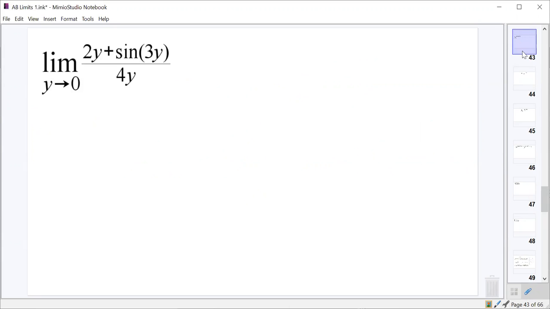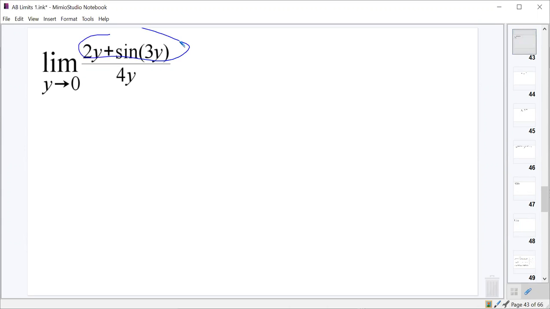Let's do another one. The limit as y approaches 0 of 2y plus sine 3y all over 4y. What can we do with this, do you think? Looks a little different, right? We got a plus in here, right?